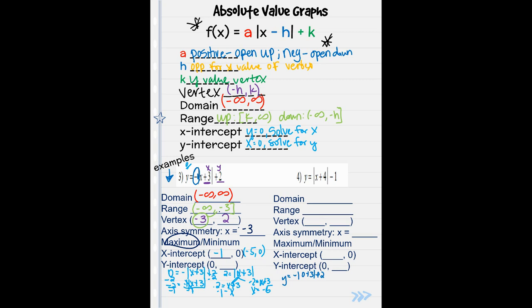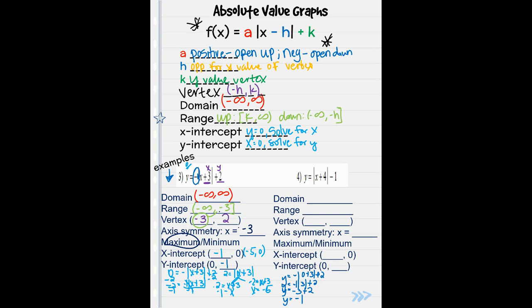We act like our absolute values are our parentheses, and do what's inside first. So 0 plus 3 is y equals negative absolute value of 3 plus 2. The absolute value of positive 3 is positive 3. That negative sign outside, remember, it's really a negative 1. So negative 1 times a positive 3 is negative 3, plus 2 equals y. Y equals negative 1. So this is negative 1.